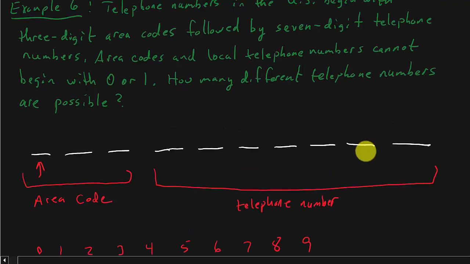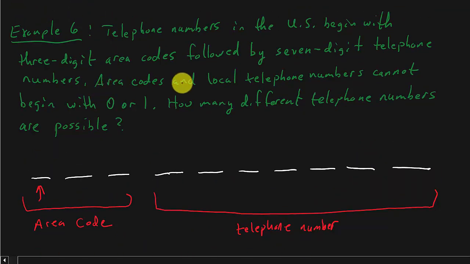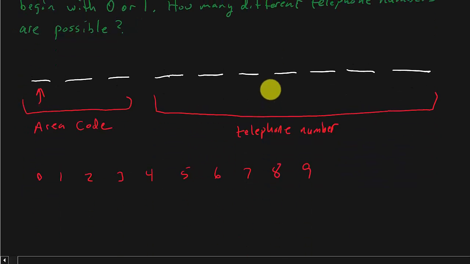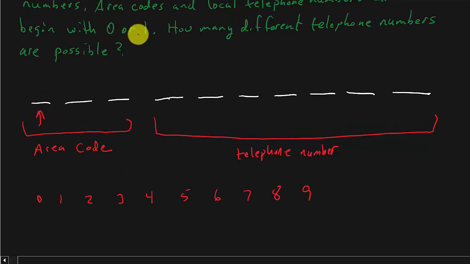But area codes and local telephone numbers cannot begin with 0 or 1. So this is the first digit of the area code. It cannot be a 0 or a 1. So for that first spot, I only have 1, 2, 3, 4, 5, 6, 7, 8 choices there. I hope that makes sense.